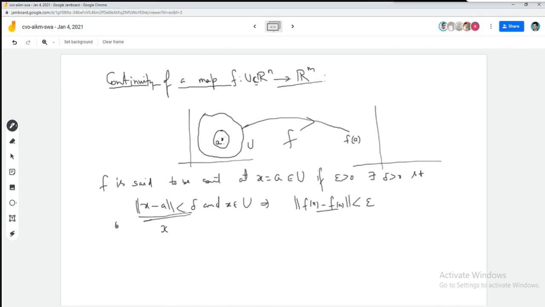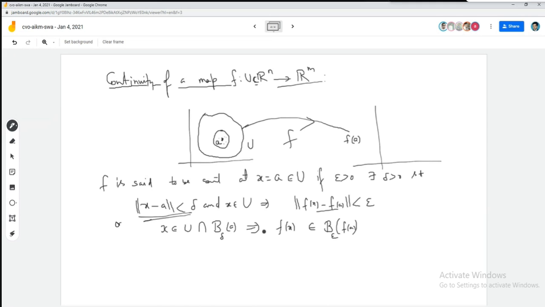In other words, x belongs to U intersection the ball centered at A with radius delta implies f(x) belongs to the ball centered at f(A) with radius epsilon.